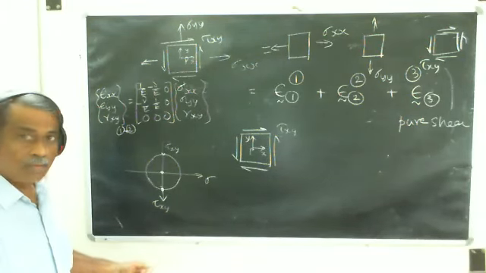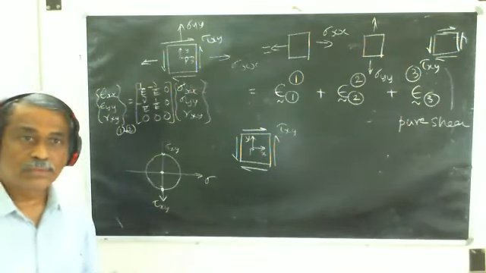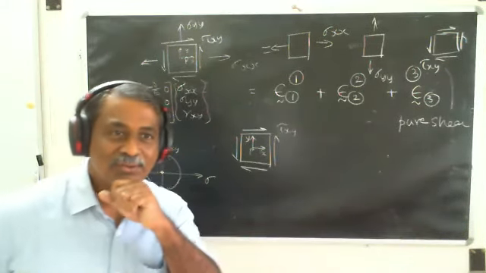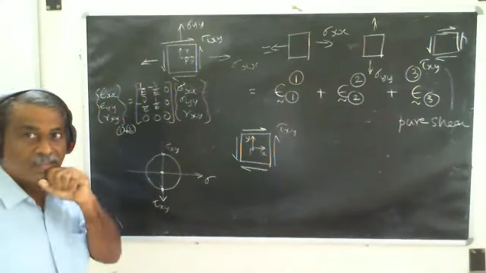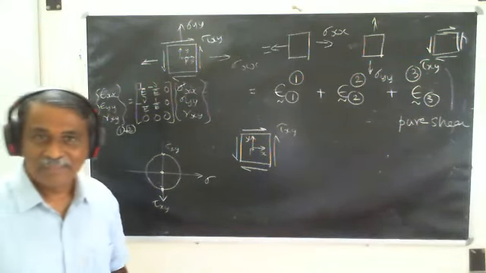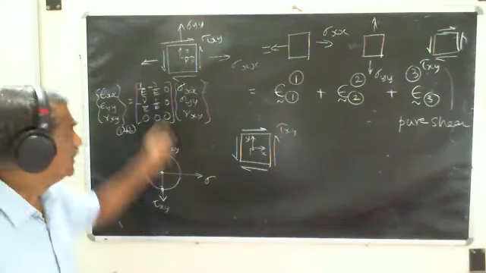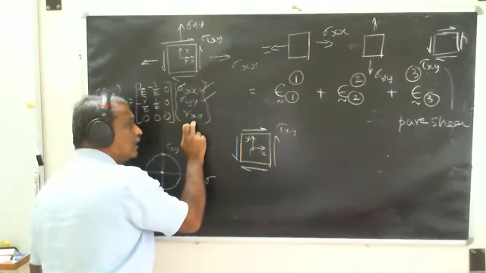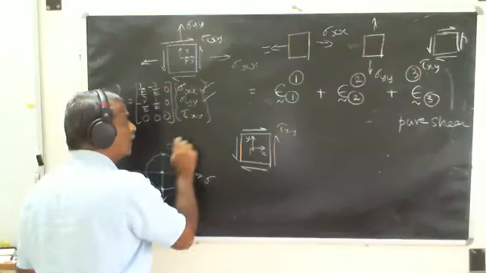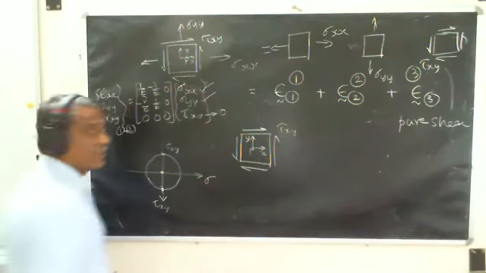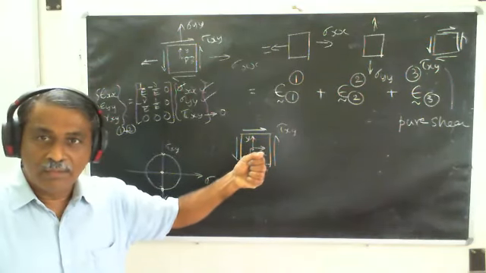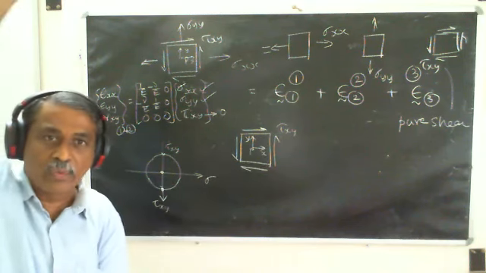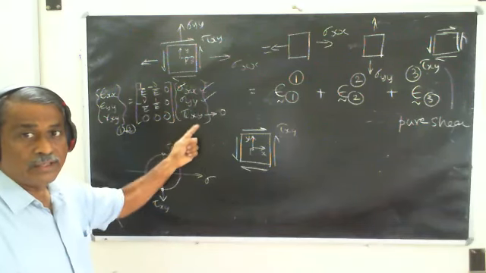Right? Now, let's use whatever Chaitanya has said. What angle should I use in order to make use of this kind of scenario? In this scenario, I had supplied sigma xx and sigma yy and this I forced to 0, correct? I pulled in x direction and y direction, or in other words, I applied sigma in x direction and sigma in y direction, and did not apply any shear stress.